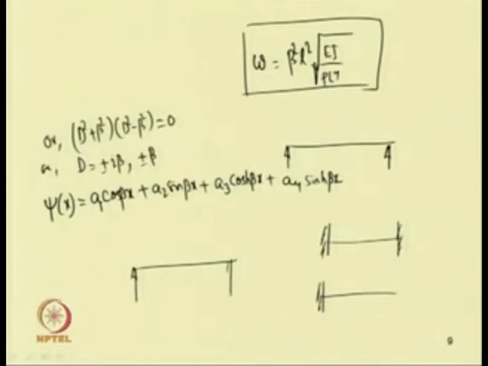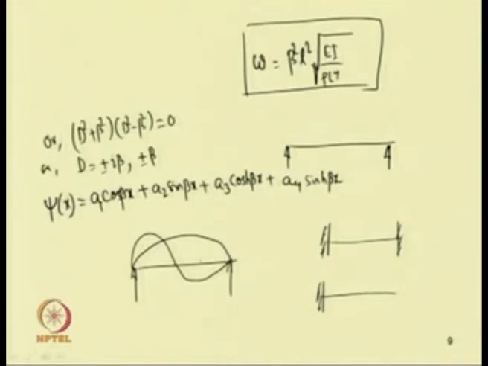For example, in case of the simply supported case, one can obtain the first mode like this. So displacement will be 0 at both the ends. Similarly, for the second mode, there will be a node formation here, so the displacement will be like this, and for the third mode there will be 2 nodes.